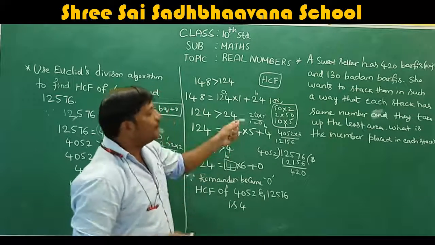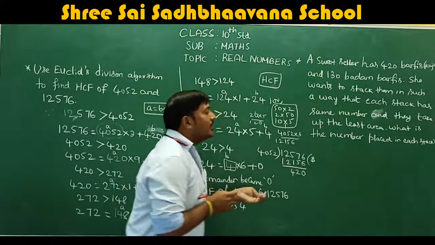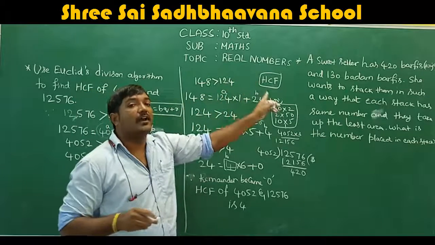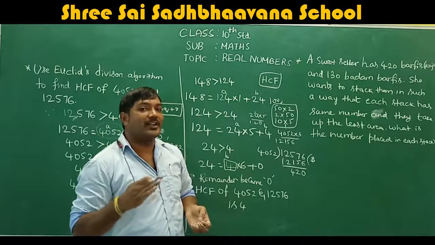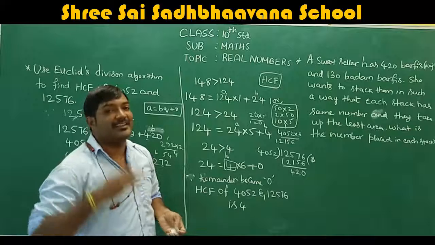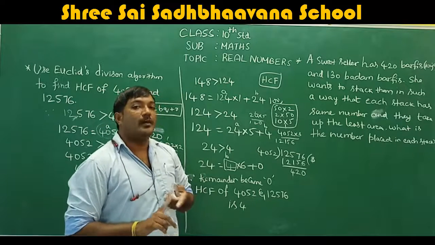So that is the reason when you take the common factor, especially the common factor of both the numbers, one main thing is you can place all these burpees in a lesser area. The important thing is we need to find the common factor.